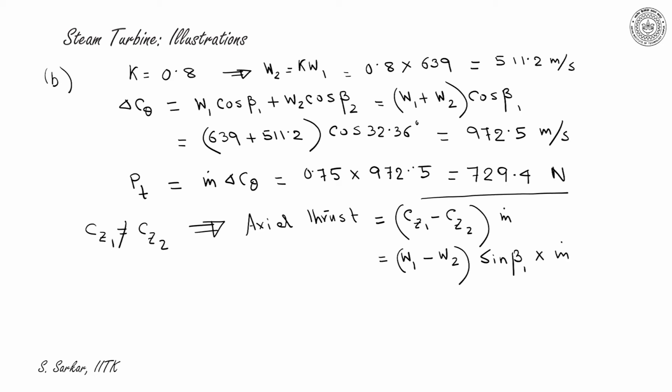You know all the values. So if you solve this, you will get 51.3 Newton. Thus, we'll now have axial thrust that will come on the bearing.